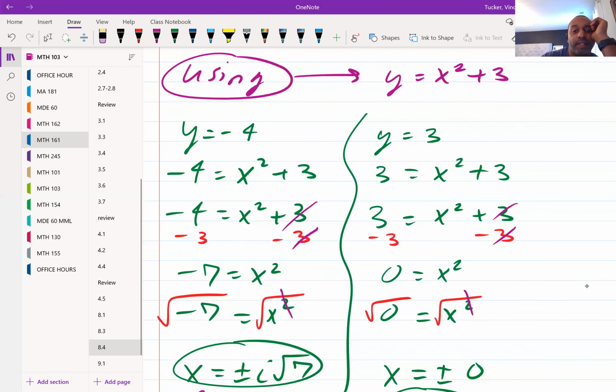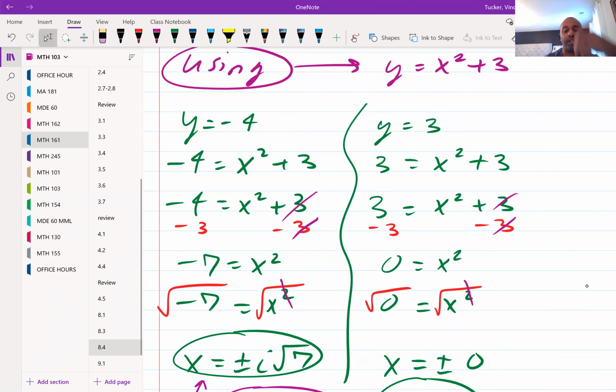Subtract 3 from both sides. That cancels on the right, leaving me with negative 7 equal to x squared. Now take the square root of both sides. That's the square root of negative 7 equal to x. And don't forget, the square root of a negative will always give you i. So that's plus or minus i square root of 7. Whenever you take the square root of both sides, plus or minus, and whenever you take the square root of a negative, you're going to have to use i to represent an imaginary number.